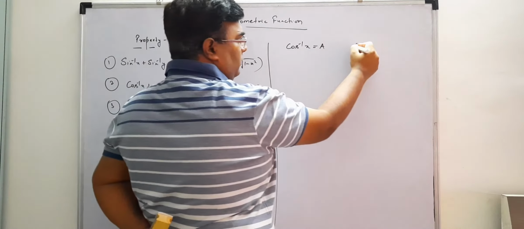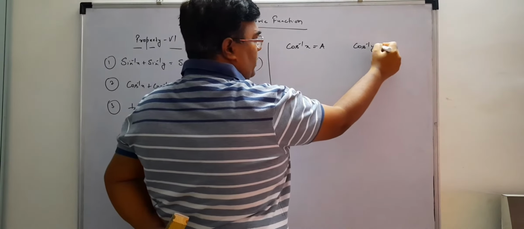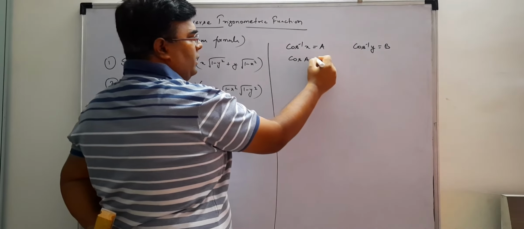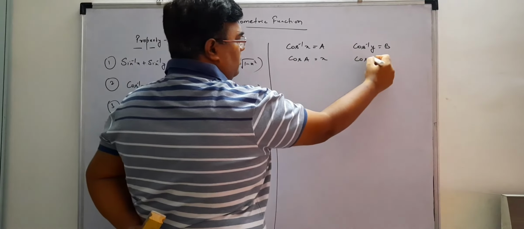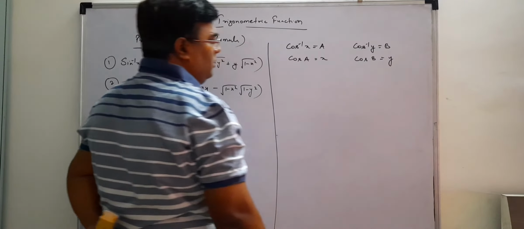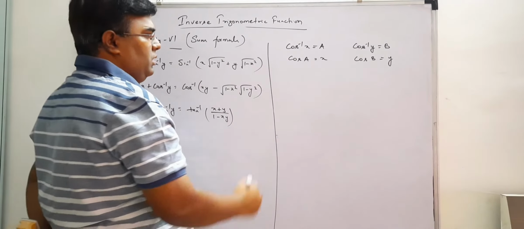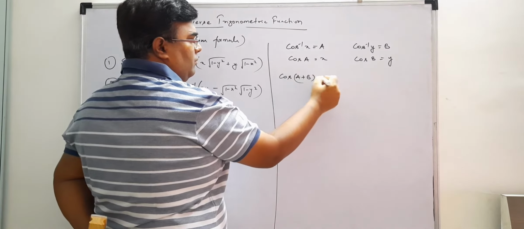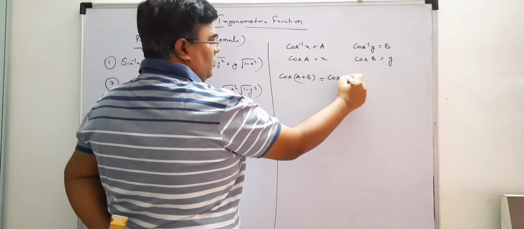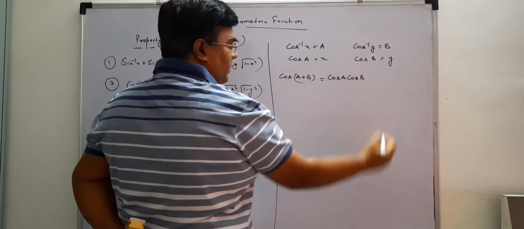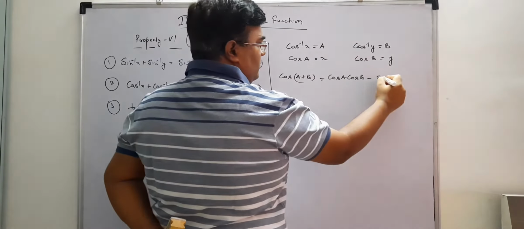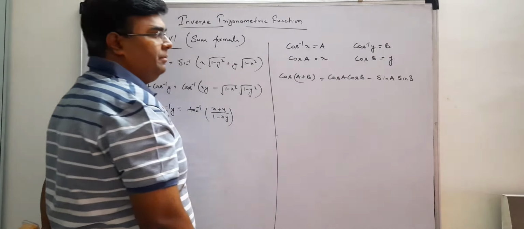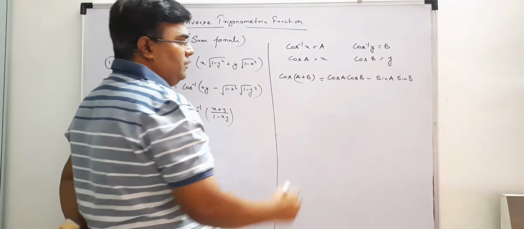A. Cos inverse y is equal to B. So my cos A is x and cos B is y. What is cos(A plus B)? It is cos A cos B minus sin A sin B. Let us put the values.